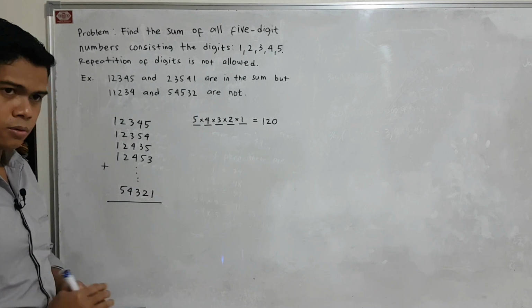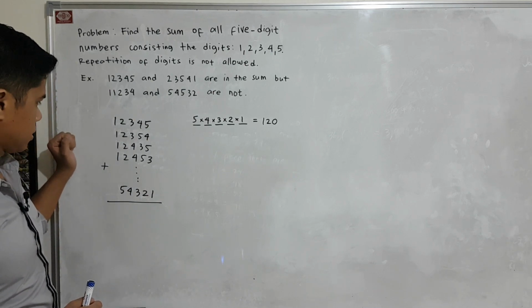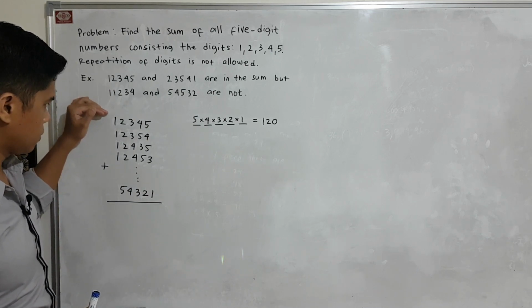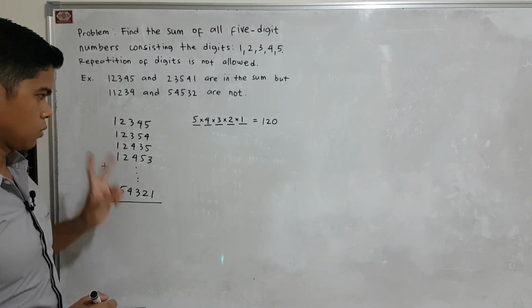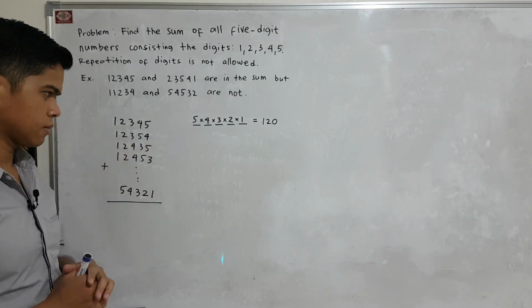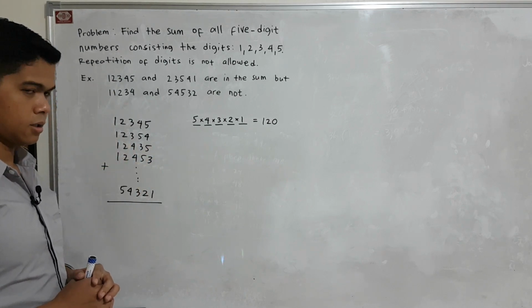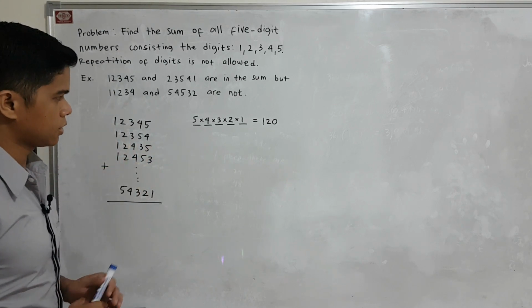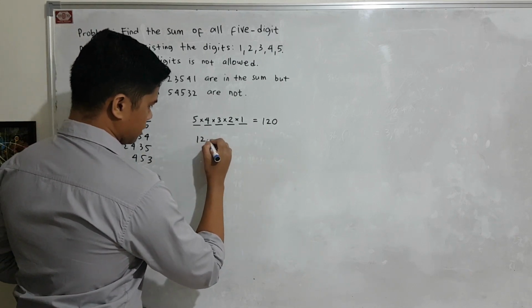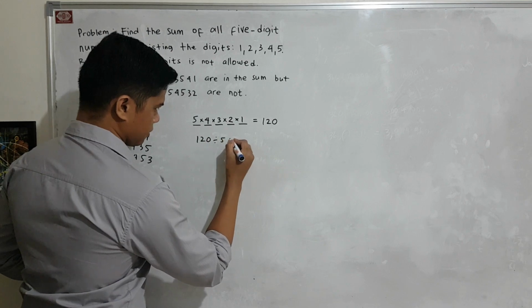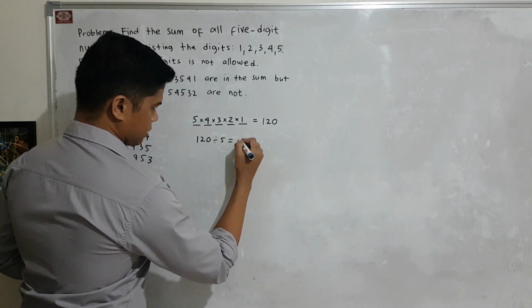If you take a closer look, the number of 1s, 2s, 3s, 4s, and 5s in any place are pretty much equal. That means if there are 120 total numbers, in each place there are 120 divided by 5, which gives us 24.